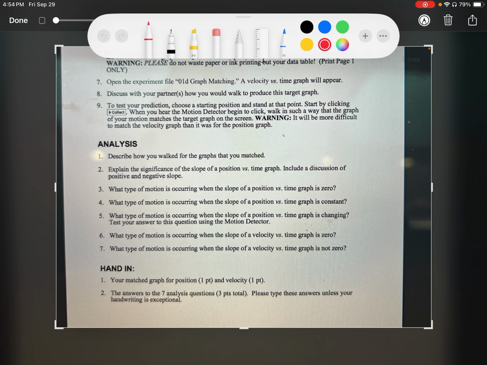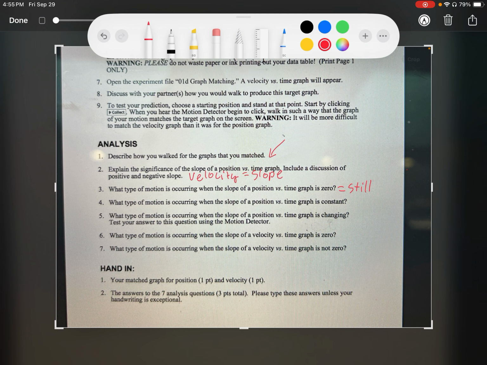You're going to describe the slope of this. The velocity is the slope. What kind of motion is occurring when the slope is 0? Well, if the slope is 0, are we moving? No. That means we're still. We're standing still.